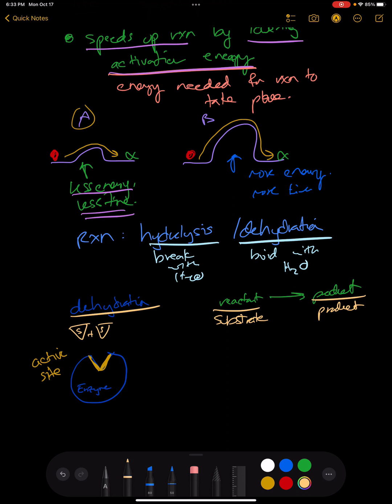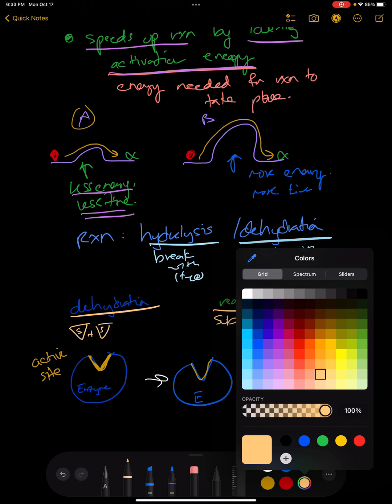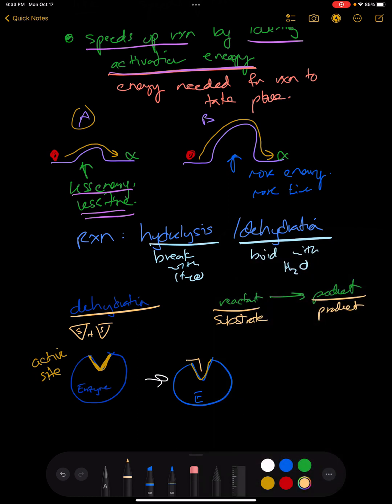And so what happens is, here's my enzyme. I'll just make it with a big E. Here's my active site. And now these two substrates, they go in and they sit inside the active site. So this enzyme is literally orienting the substrates to be closer together, right?